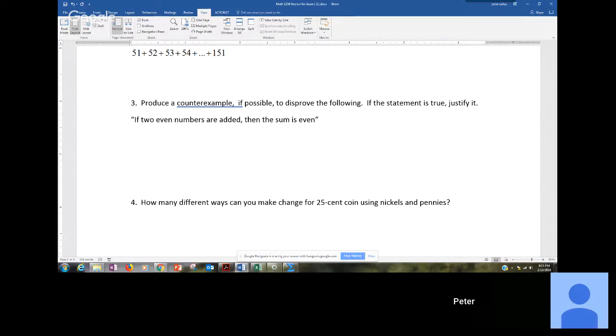Or they pick numbers that like this statement says if 2 even numbers are added. So they need to pick 2 even numbers, like 2 and 4, 6 and 8. Like, those are even. So I've seen students that just pick like 3 and 5, and I'm like, okay, those aren't even the right numbers. You obviously don't know what you're doing on this one. So as long as you pick 2 even numbers, and then just show me that when you add them up, they either end up with an even number every time or an odd number, and then that's your counterexample.